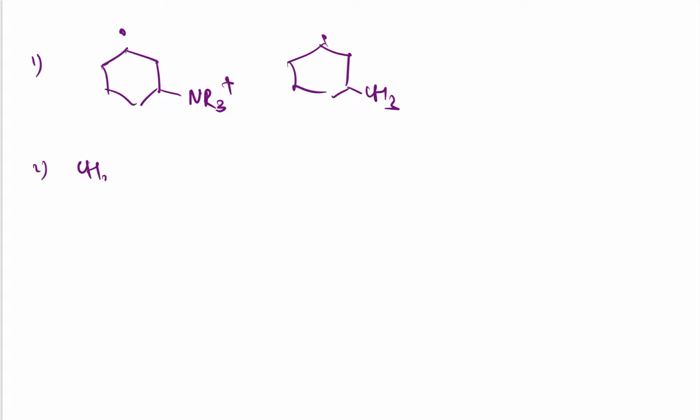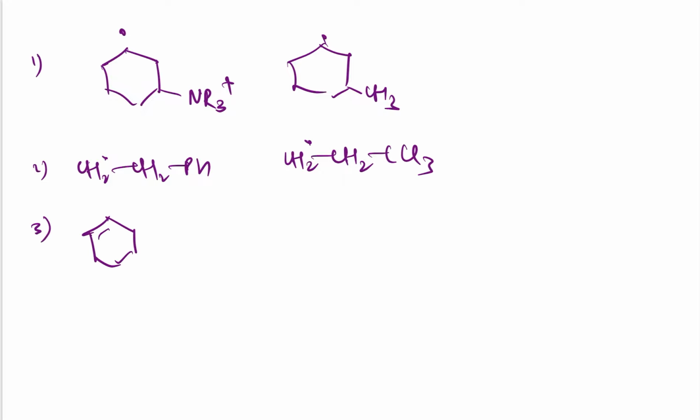Let's do some examples of free radicals. Here we have NR3 plus, and free radical over here we have CH3. Second, CH2 free radical, CH2 Ph, and CH2 free radical, CH2 CCl3. Third, CH2 free radical and CF3, and here also CH2 free radical and CH3.